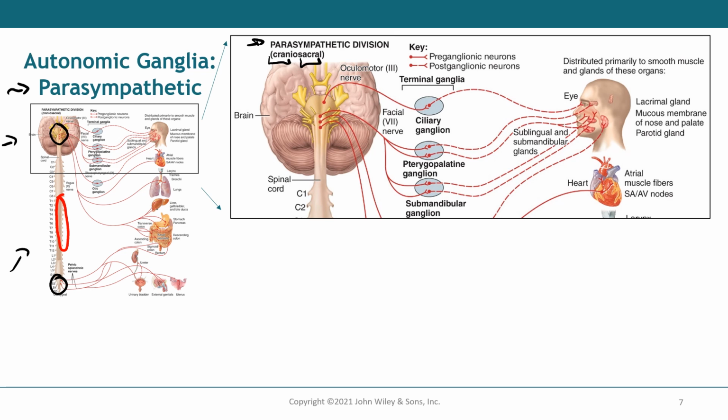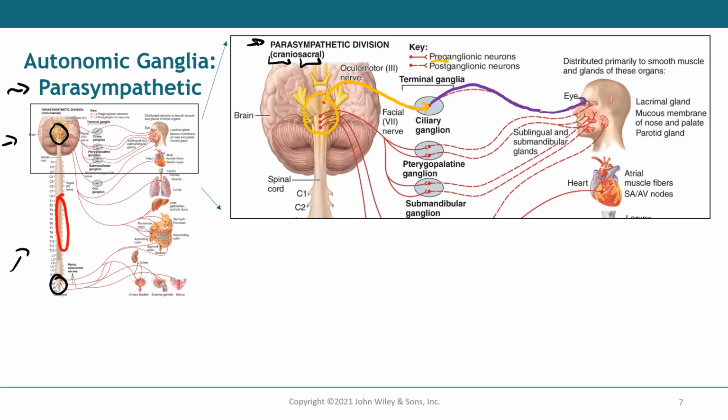Now, one thing that you should be already used to when we talk about the preganglionic. Here you see the preganglionic neurons. They go to the brainstem. The preganglionic will send an action potential, and this action potential will synapse and send a signal to the organs.